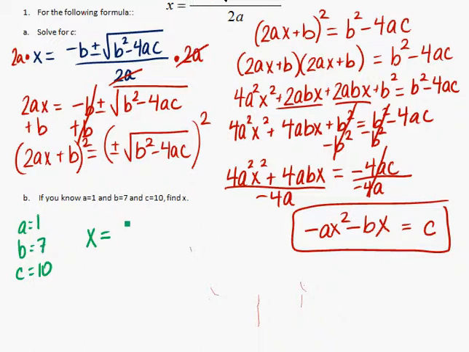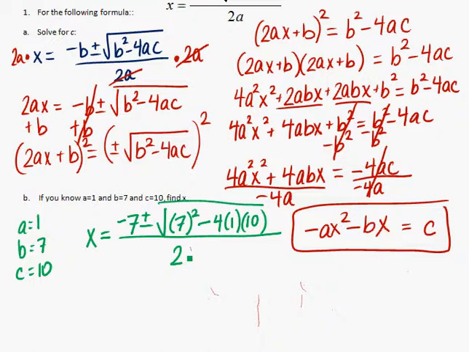So I need to do opposite of 7 plus or minus the square root of b squared, 7 squared. I like to put that in parentheses because if this were a negative number, it would be really important to have it in parentheses, so it's just a good habit to get into. Minus 4 times a times c, 4 times 1 times 10, all over 2a. a is 1.